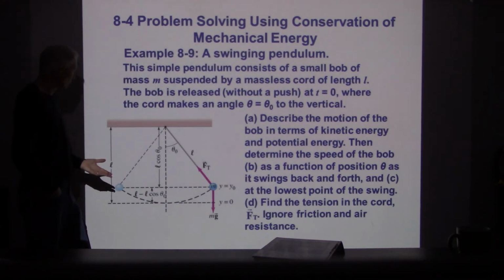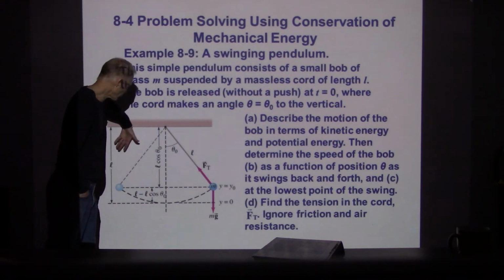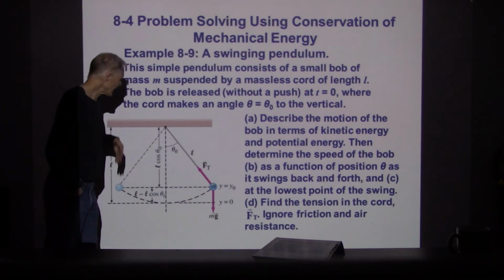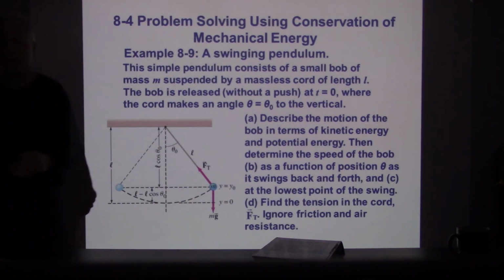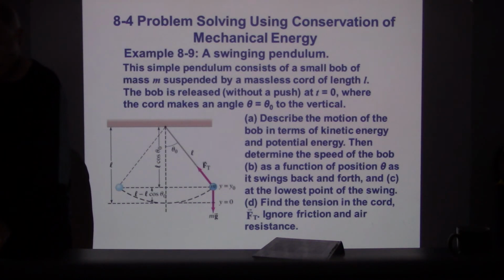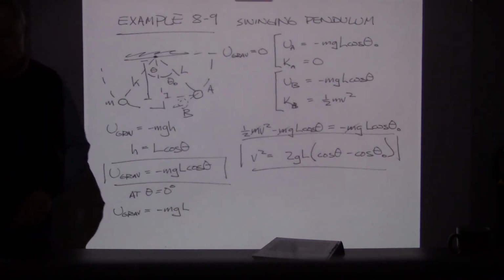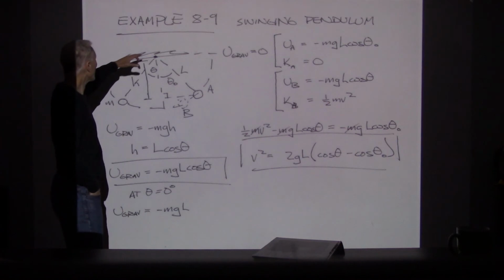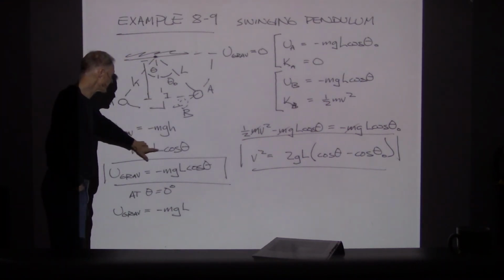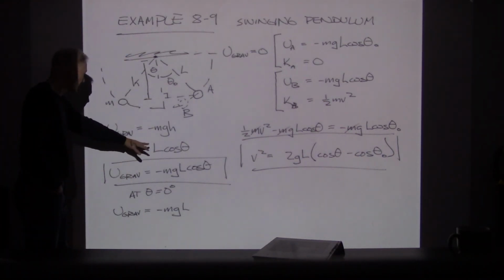Now in general, when this thing swings back and forth at any location, the distance that we are below the reference is going to be given by L cosine theta.